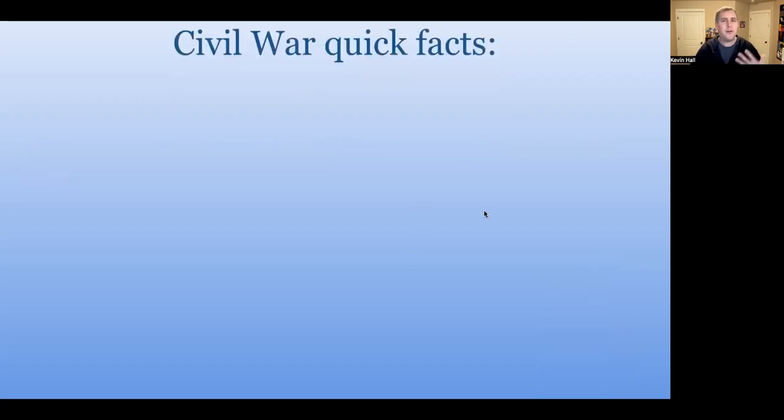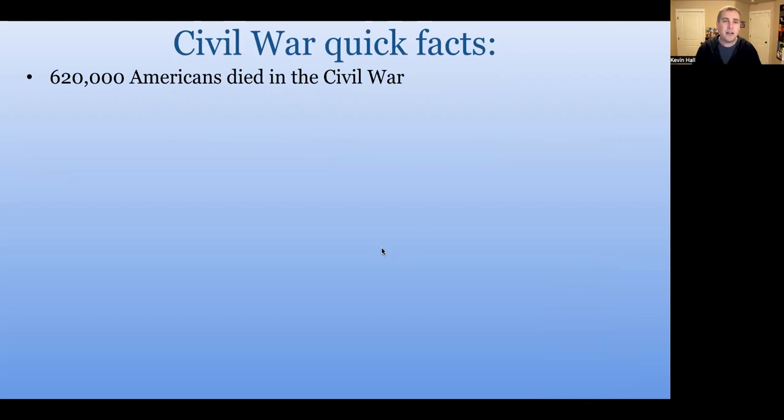Starting with a few facts about the Civil War. The Civil War led to 620,000 American deaths. Now, this is significant because when we count the deaths in the war, we end up counting both sides as American. A civil war, by definition, is when a country goes to war against itself.